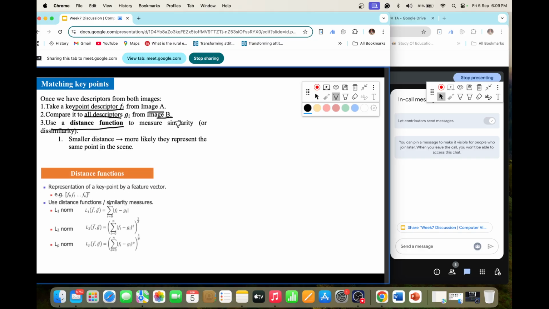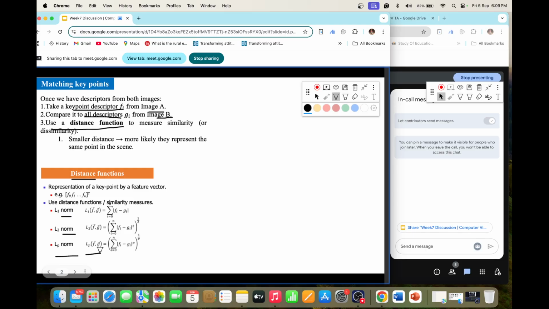We have already discussed the distance formula, but as we are studying key point matching, it is important to discuss this distance function again. The distance function is also called the norm function. We have the L1 norm, the L2 norm, or the generalized form, the LP norm.